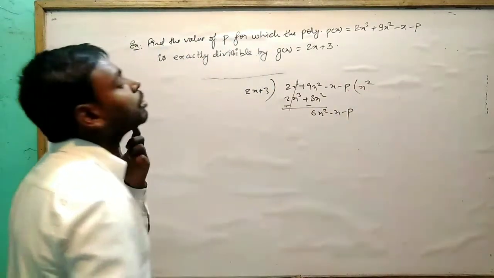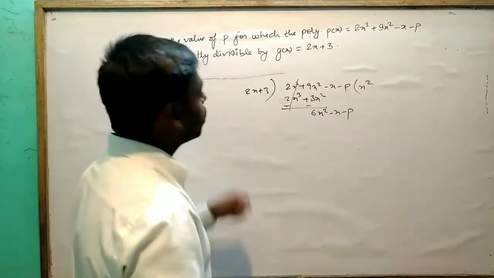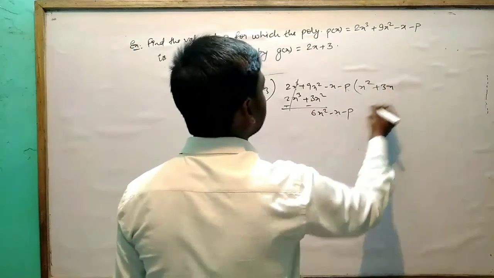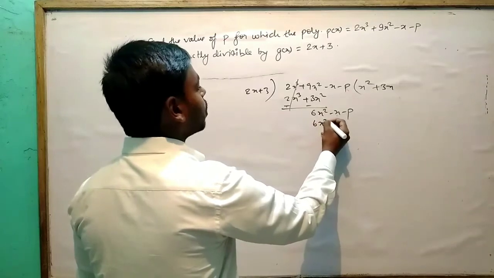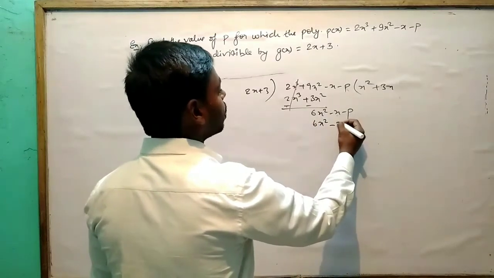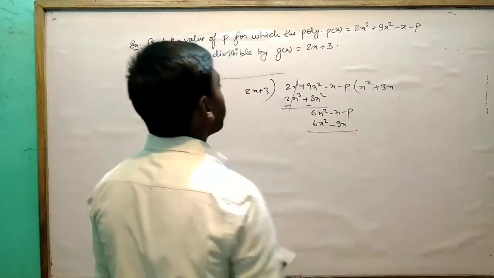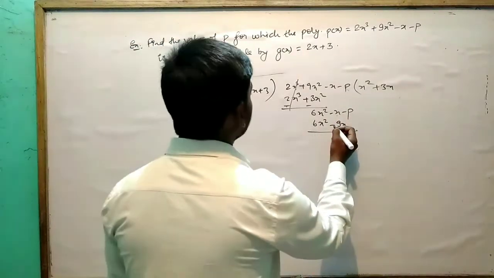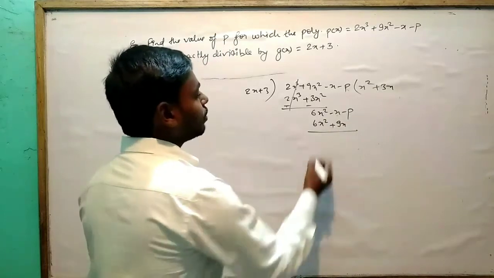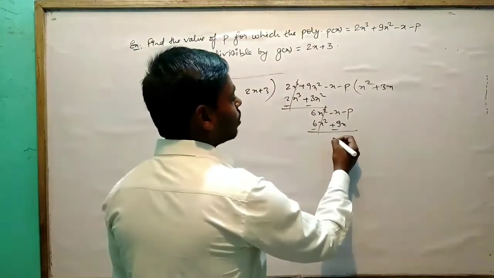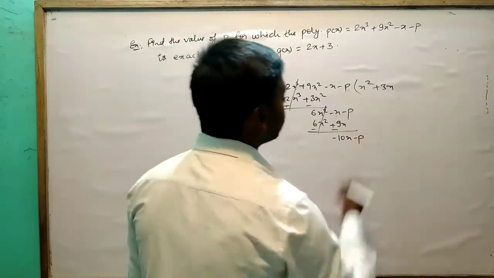We multiply by 3x, and we get 6x square plus 9x. Now we change the sign and it cancels. Now it is minus 10x minus p.